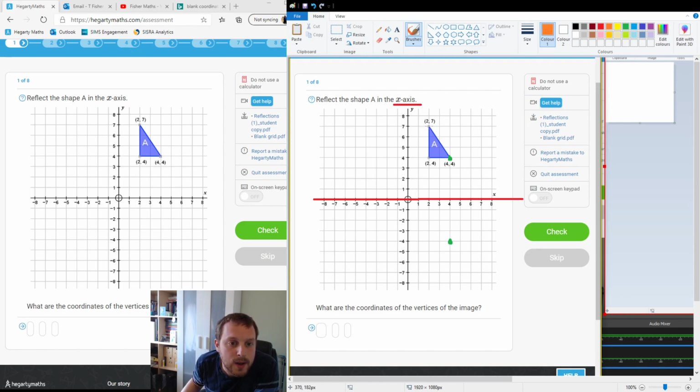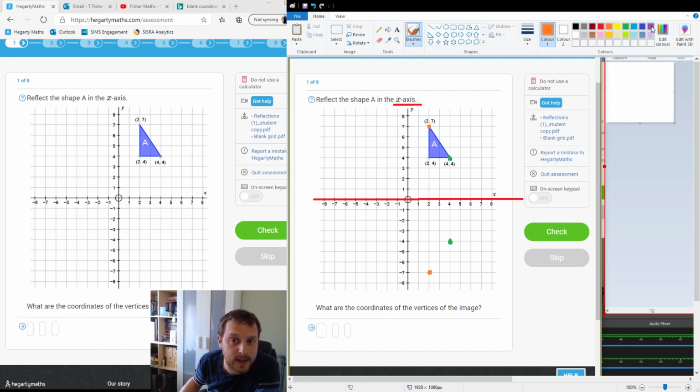Let's look at this top one here. This is 2 along and 7 up. So it's 2 to the right and 7 up. Well, now it's going to be 2 to the right and 7 down. If I'm flipping in the x-axis, up and down get flipped.